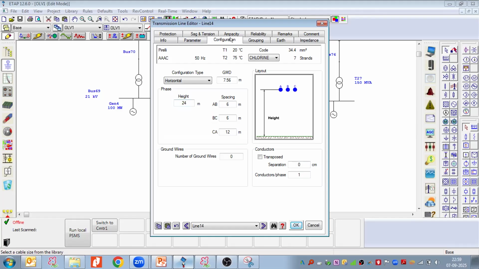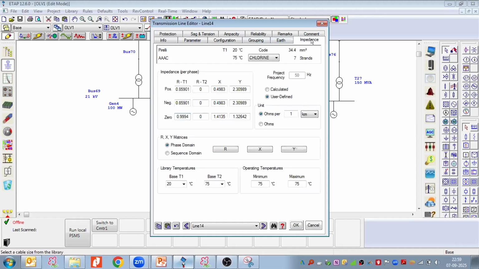If you are working on a project-specific case, go directly to the impedance tab, select user defined, and put your positive sequence resistance at temperature T1 and temperature T2, then your reactance and your susceptance. We ask the client to provide these conductor parameters.